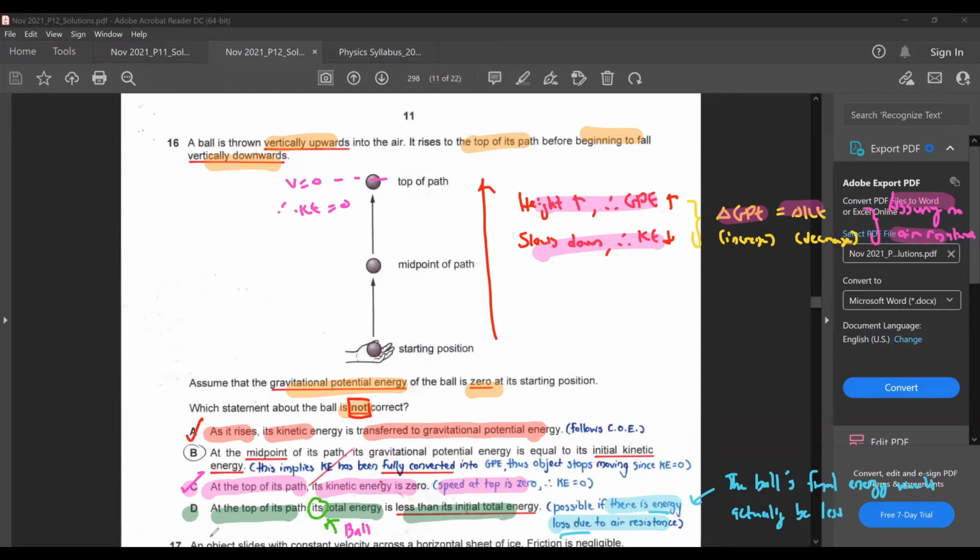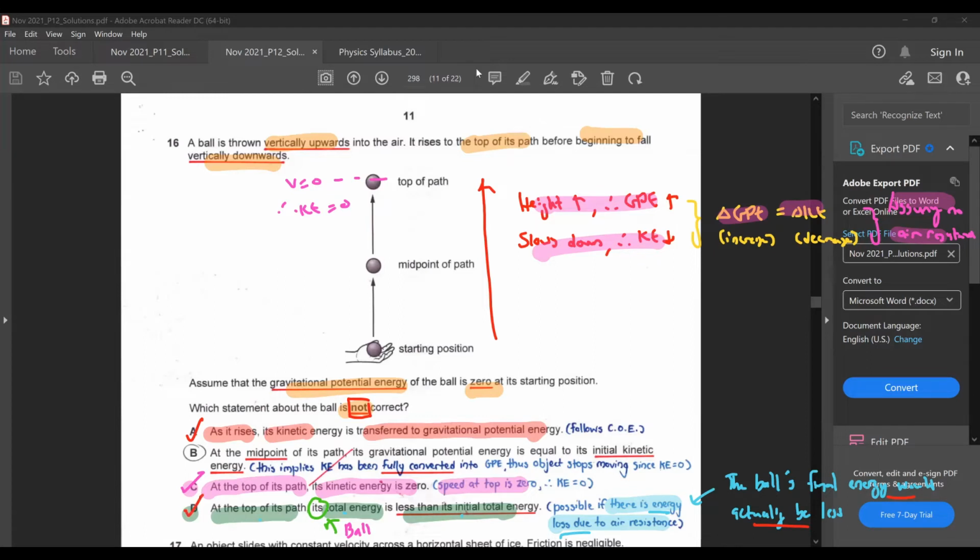So the statement says at the top of its path, its total energy is less than its initial total energy. This one is correct, if you had energy loss due to air resistance. So answer choice D is correct.